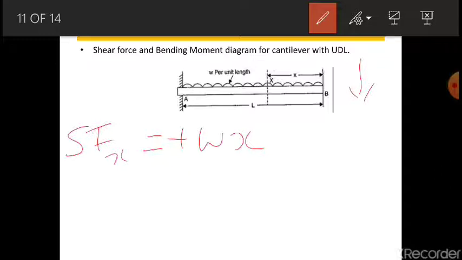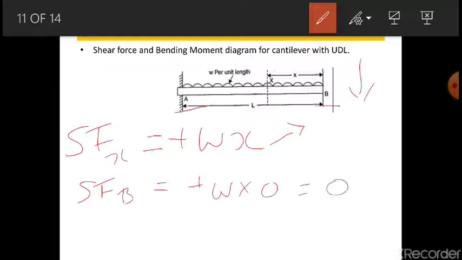Now we'll be substituting this x at 2 points, that is point B and point A. If you want to calculate the shear force at point B, what will happen? It is at zero distance, so W into 0 will be 0 here.